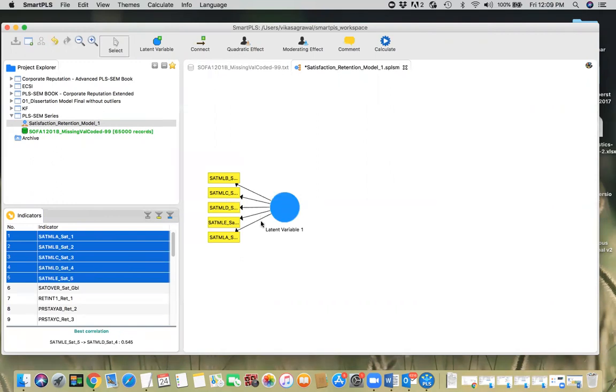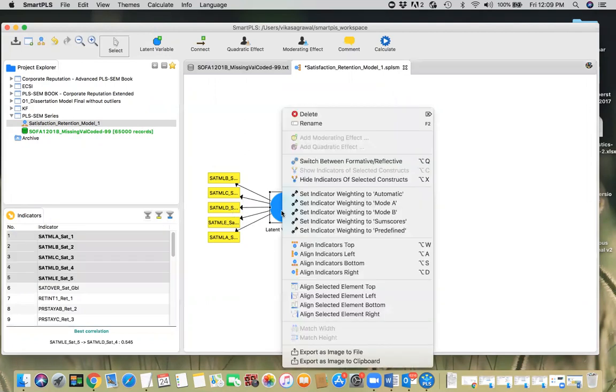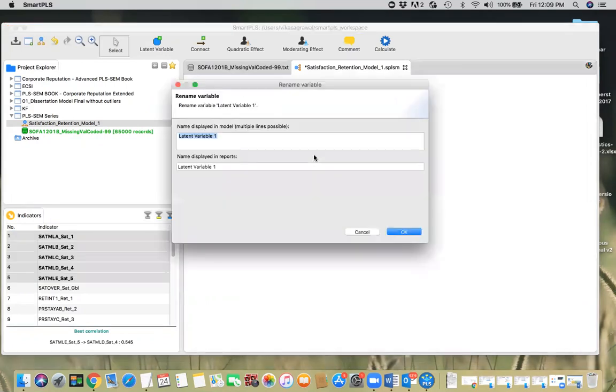Again, we're not going to get into why these are reflective and why they are formative. That all depends on the researcher's domain expertise and the theoretical backing of the model. But here they are reflective because we're going to see they are highly correlated to each other, and they're going to give us higher loading in the model. So I'm going to rename this one.